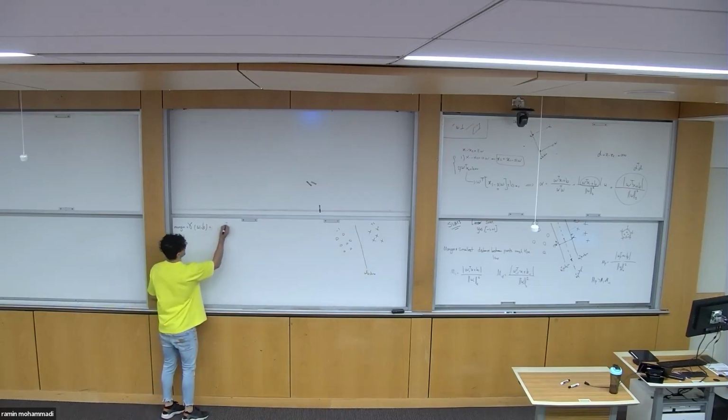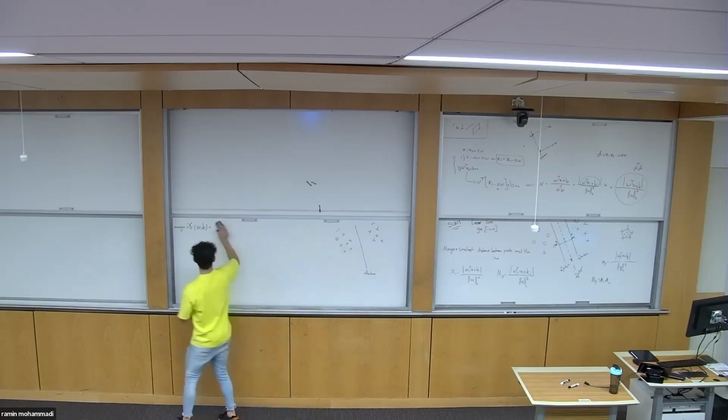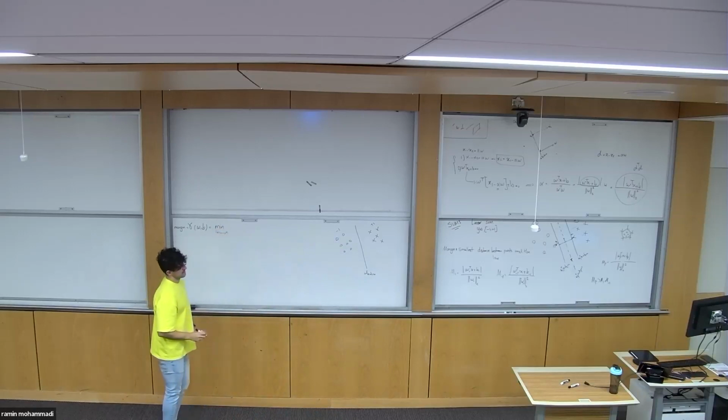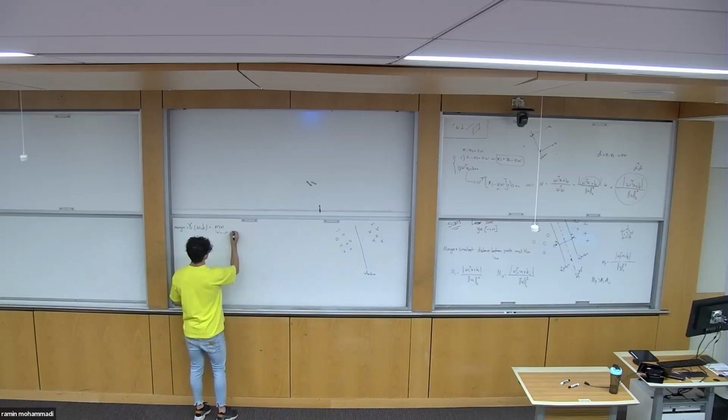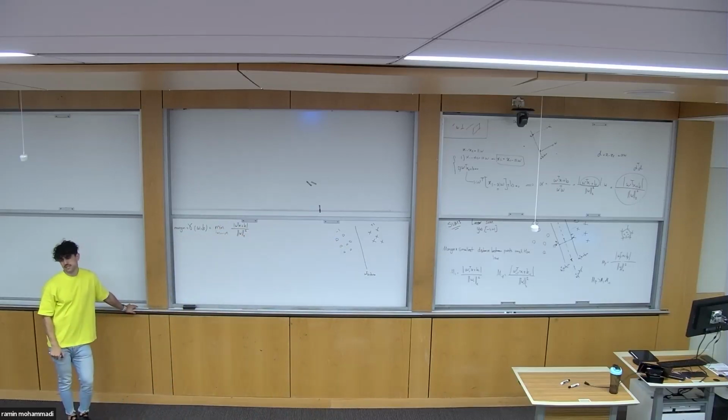So if I write this, it's going to be the minimum over i from 1 to n of the distances, and we know the distance is basically the absolute value of W transpose X_i plus B, over the norm of W, the minimum distance among all points. That's the definition of margin, correct?